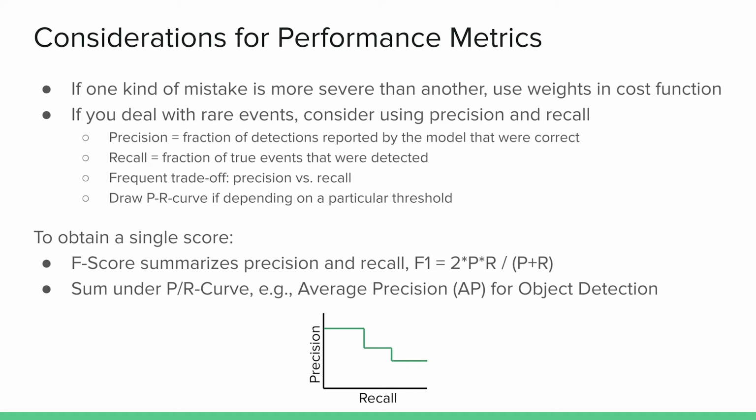And people love to summarize precision and recall into just one output metric. Everyone wants to just have one number, and if that number is good, you're done and you can clap yourself on the shoulder. So what they've come up with is, for example, that you can summarize this as an F-score, which takes precision and recall and summarizes that in a single number, or the sum under the precision recall curve. When you think about this curve, as you move towards a higher recall, your precision will drop, and vice versa.